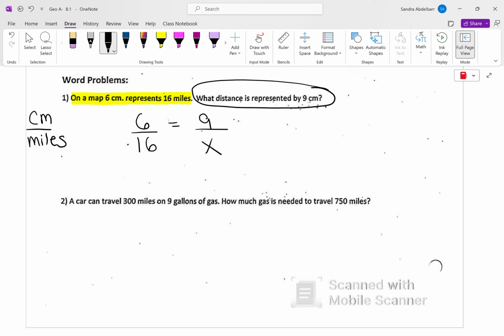Before I cross multiply this, does anybody see anything I can do to make my arithmetic a little bit easier? Casey? You got it. Right here, the 6 over 16 can be simplified. So I'm going to divide top and bottom by 2. So we're going to get 3 over 8 is equal to 9 over x. I just divided this top and bottom by 2. So now we cross multiply it.